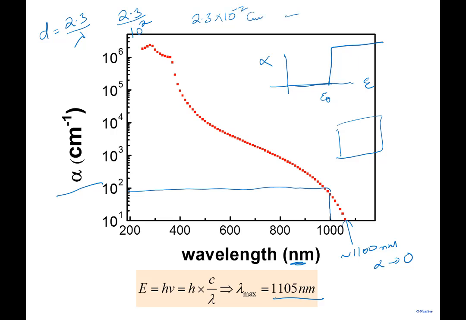Let's convert this into microns: 2.3 into 10 power minus 2 into 10 power 4, which is huge, 2300 micron, right?